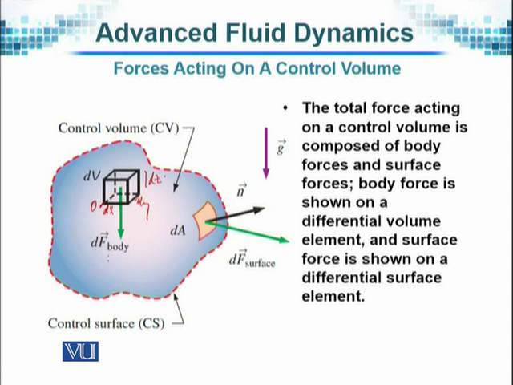The body force is mainly the gravitational force, and gravitational force acts in the downward direction, and therefore you can see that its direction is shown as acting downwards. So that is the body force, and you can see in which direction and how it acts on a small differential volume within the control volume under consideration.